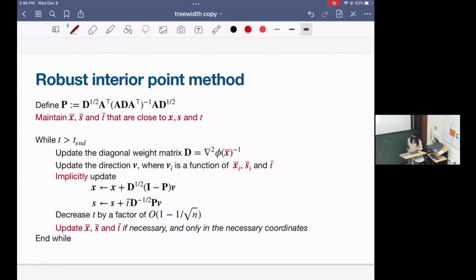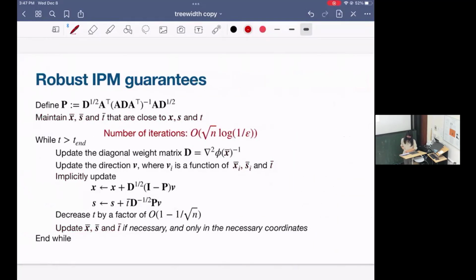Now we will compute everything that we need in terms of these approximations rather than the actual central path parameters. And then we will make some implicit update to our actual central path solutions. We will, again, decrease t by some factor, and then we update the approximations in case they are no longer good enough with these updated x and s.